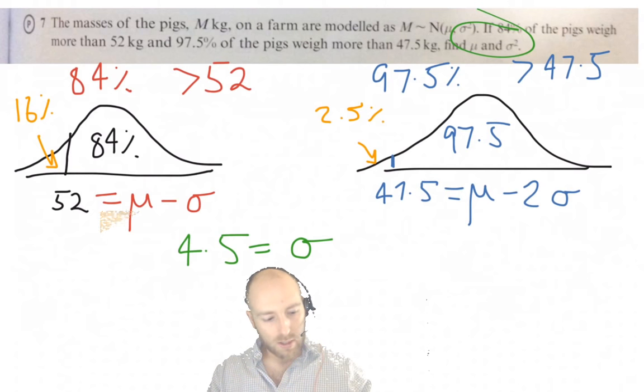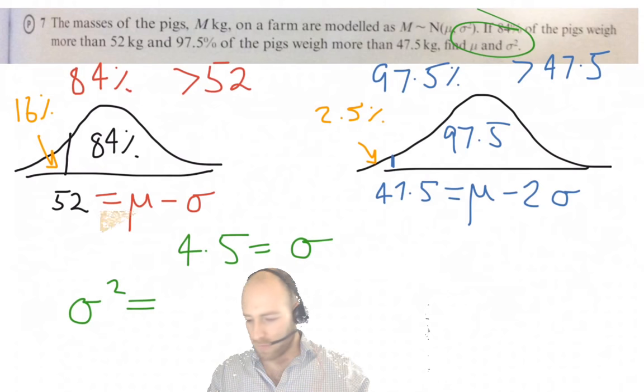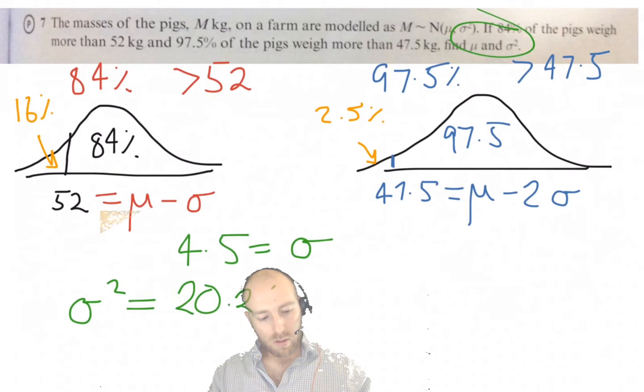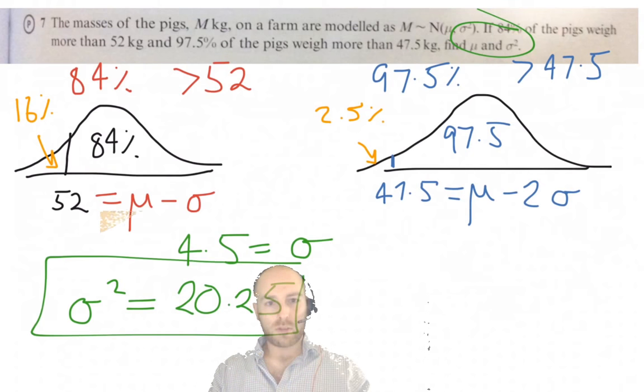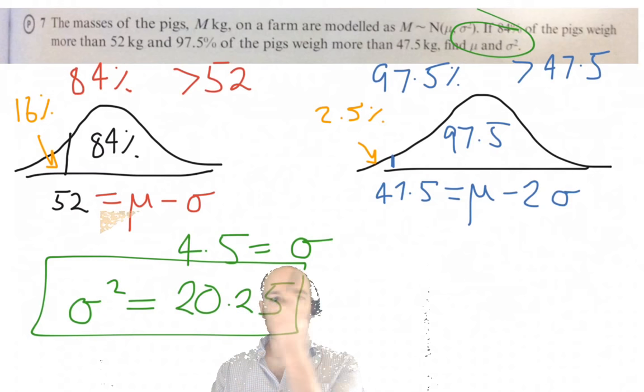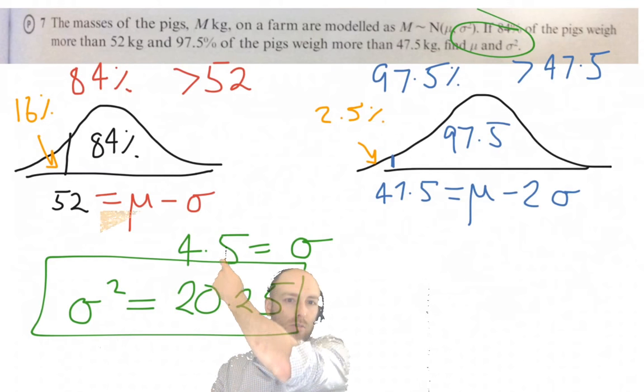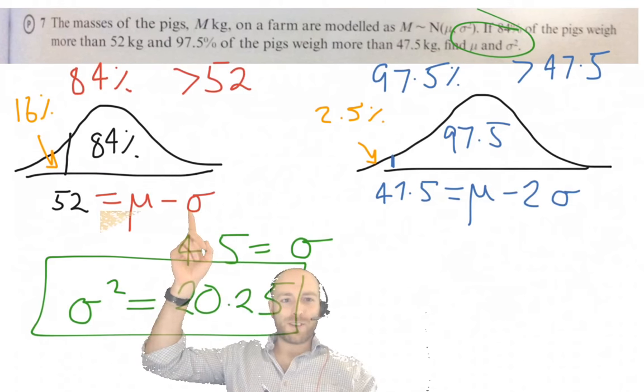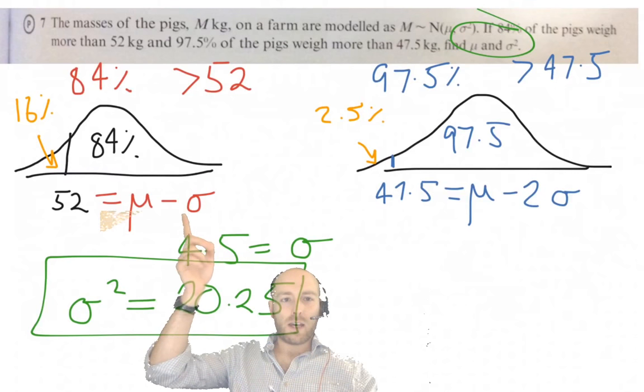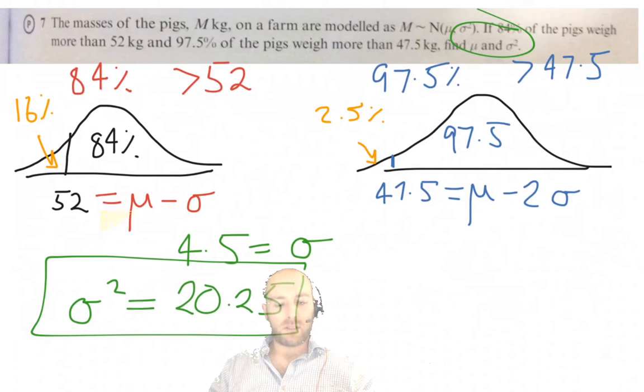If I square that, I get sigma squared is 56.5. No, it's not. That's rubbish. It's 20.25. And I can use sigma to find mu. If I put sigma back into this equation here, if I put 4.5 in there, I add 4.5 to the other side and get 56.5.